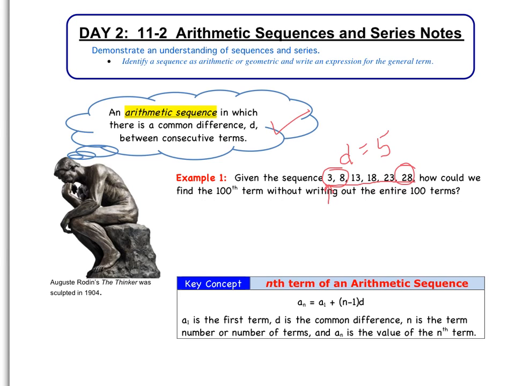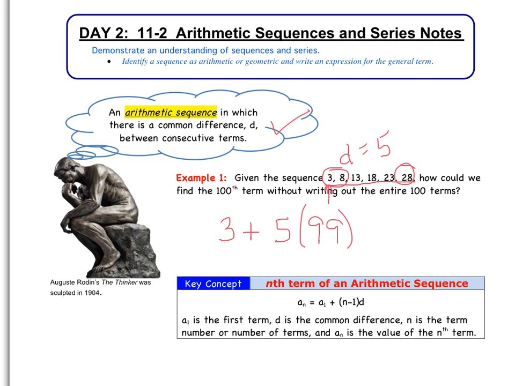So notice that we are adding 5 one less than the number of terms that we desire. So if we knew the starting number 3 and we added 5 99 times, then we could find the value of the 100th term.